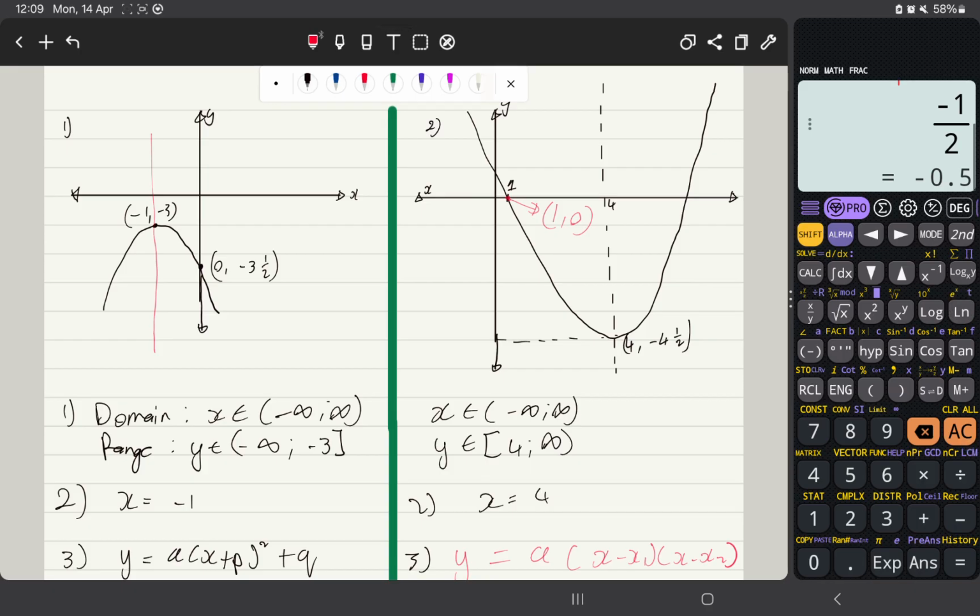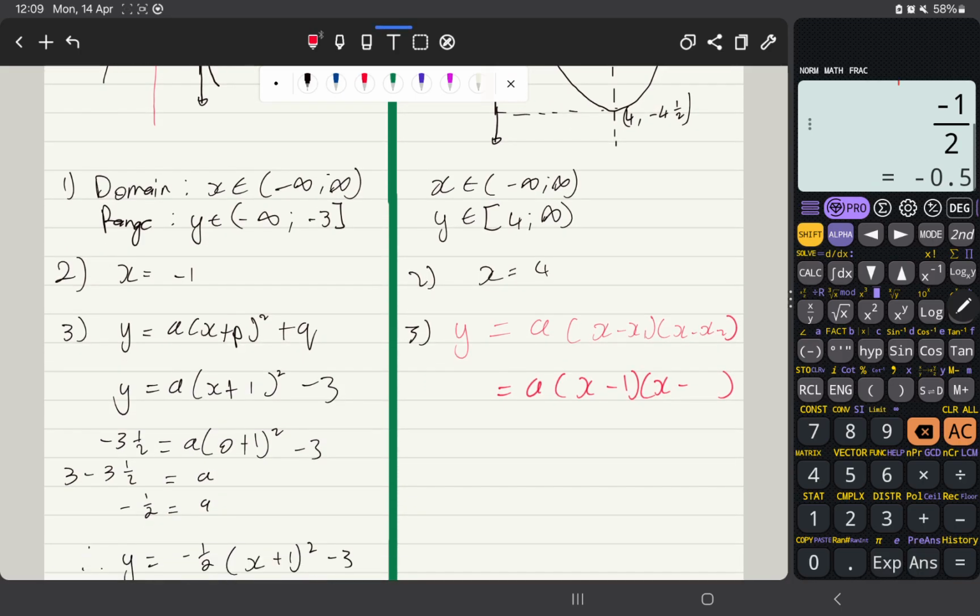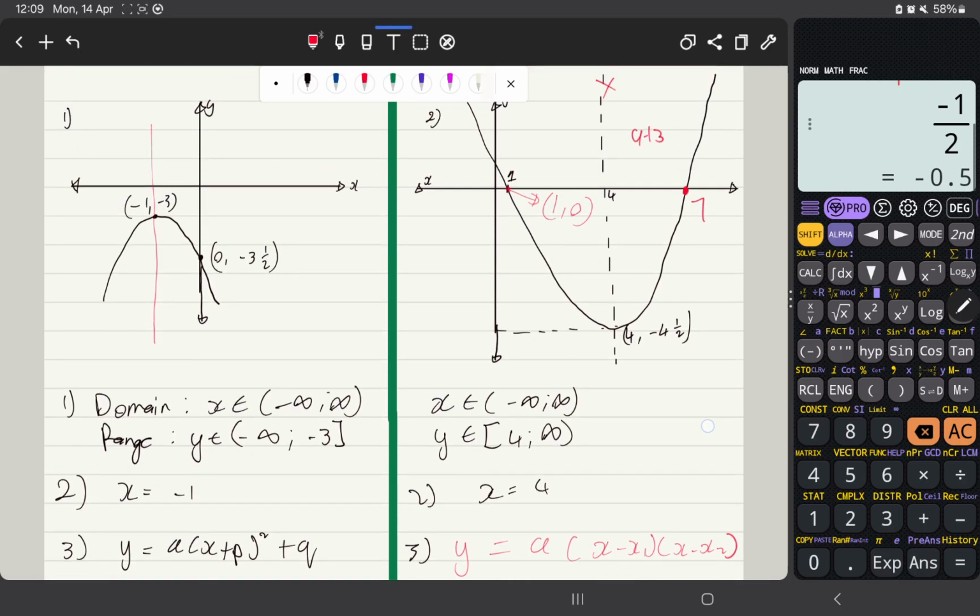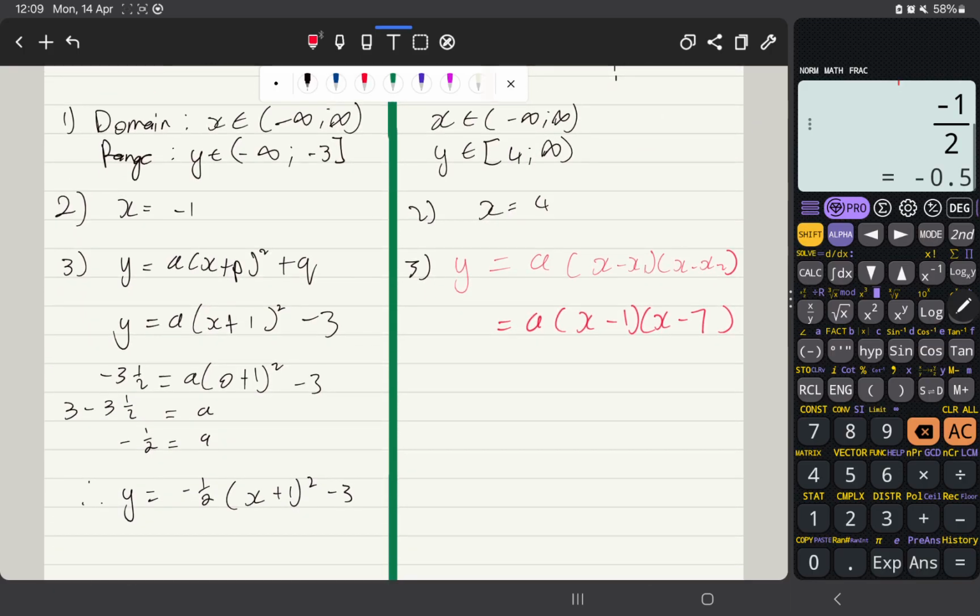Remember guys, we spoke about the axis of symmetry, which cuts a parabola into two identical sides, and in this case our axis of symmetry was 4. From this intercept it's 1, and here it's 4. That means there are 3 units here. So to get this point, it's just 4 plus 3, which is 7. I just decided not to write that one, just to make it interesting. So you have both of your x-intercepts.